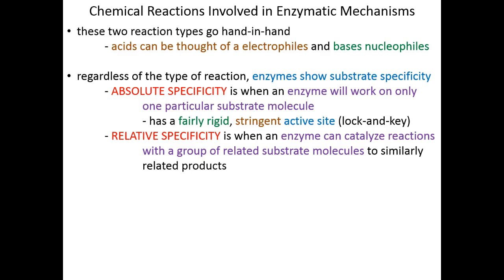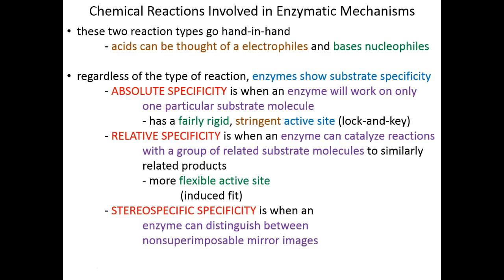If chymotrypsin had absolute specificity, it would bind to and cut the peptide bond of one protein and one protein only. Doesn't make sense for a digestive enzyme. We eat all different kinds of proteins and we need to digest all different kinds of proteins. So chymotrypsin can bind to many of those proteins and cut their peptide bonds. That's relative specificity. Enzymes with relative specificity have a more relaxed and flexible active site, more conforming to the induced fit model.